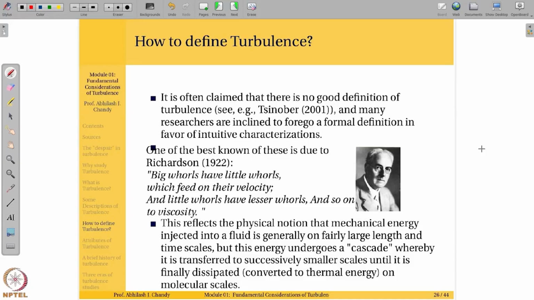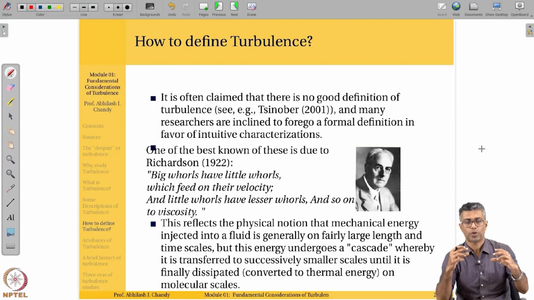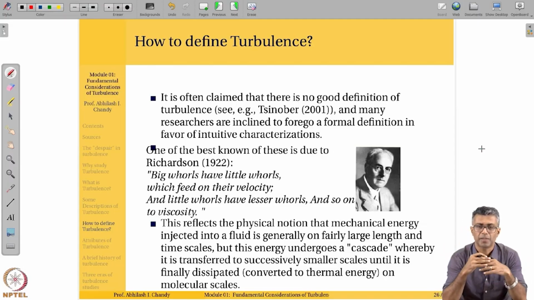So here again, I do want to give some historical context. Many people have made an attempt to define turbulence. One of the first definitions was from Richardson. Richardson wrote a little bit of a poem on turbulence.